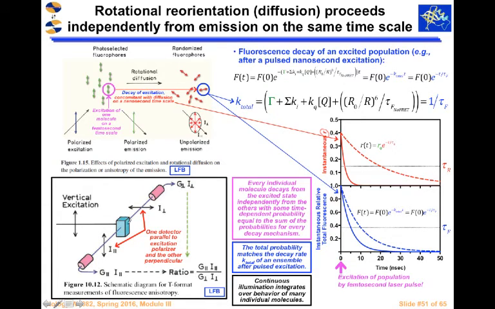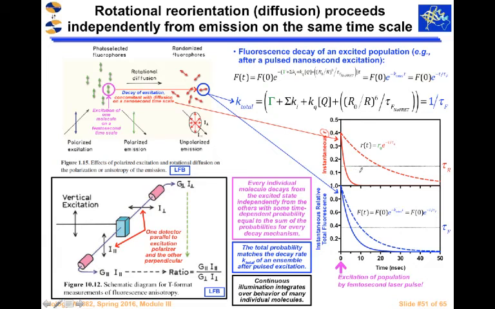In a continuous wave experiment, however, we're going to see some steady state output. Effectively, what will happen under those circumstances is we will be looking at the integrated behavior of the population, right? The behavior of any individual fluorophore will follow time-dependent probabilistic decay rates.